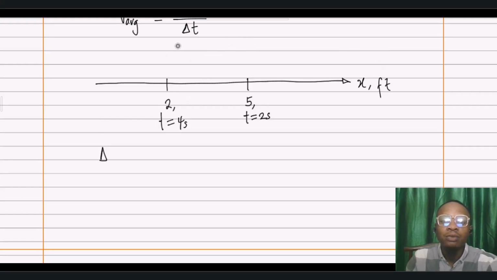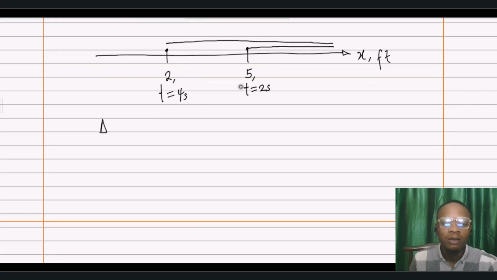It may happen that the body started from here and had to move this way and then turn back to get to this point. It doesn't matter how it got there. Our business, as far as displacement is concerned, is what is the initial position and what is the final position. Once that is ascertained, then we're good to go. We don't have any business with how it got there.